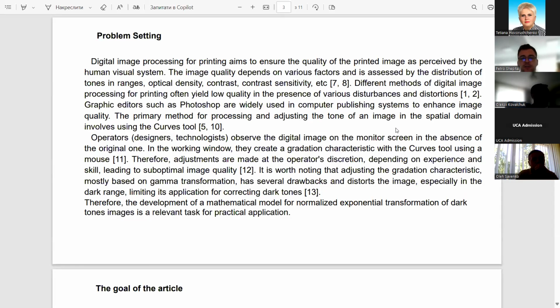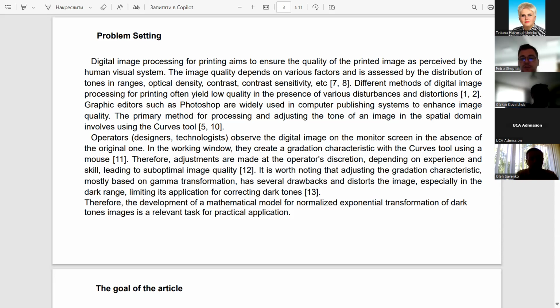Digital image processing in printing aims to ensure the quality of the printed image as perceived by the human visual system. The image quality depends on various factors and is assessed by the distribution of tones in the range of optical density and contrast sensitivity.